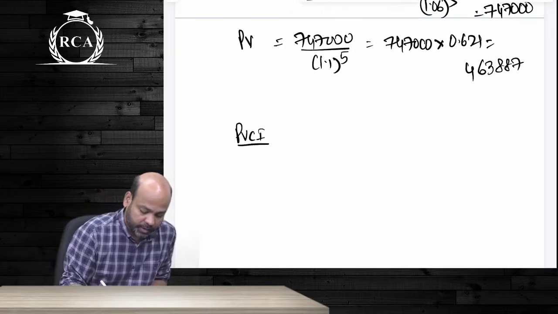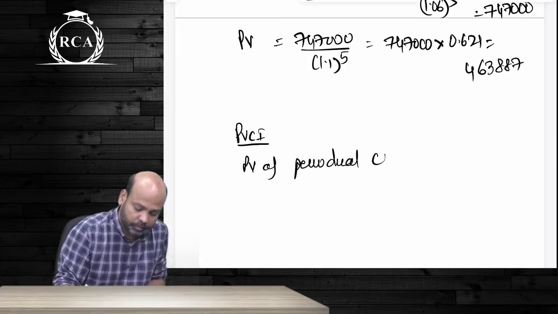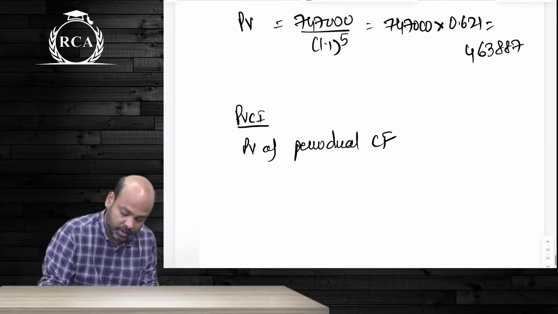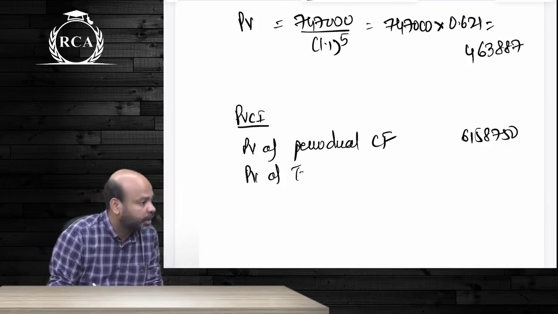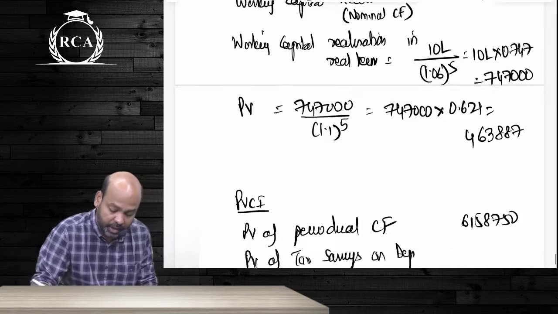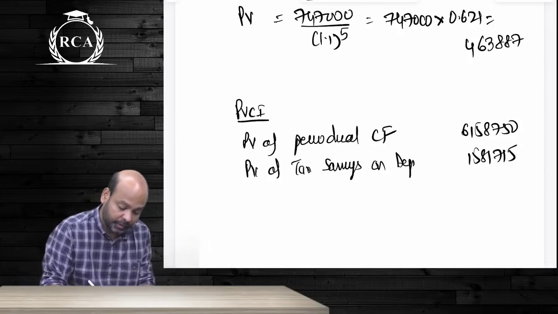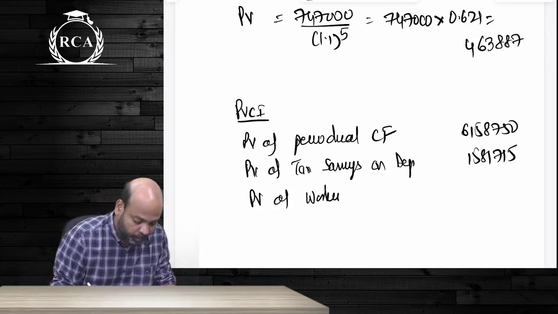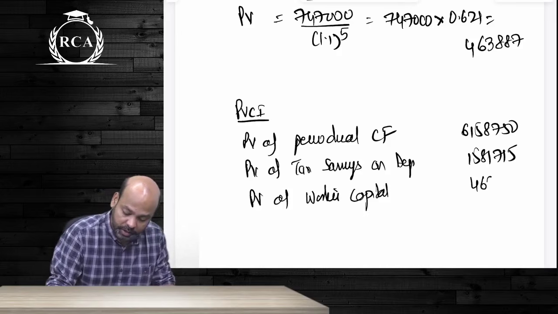Now we can compute NPV, guys. The present value of periodical cash flows we have computed, beta, was 61,58,750. Then we did present value of tax savings on depreciation. How much is it? 15,81,715. Then we did present value of working capital, which was 4,63,887.